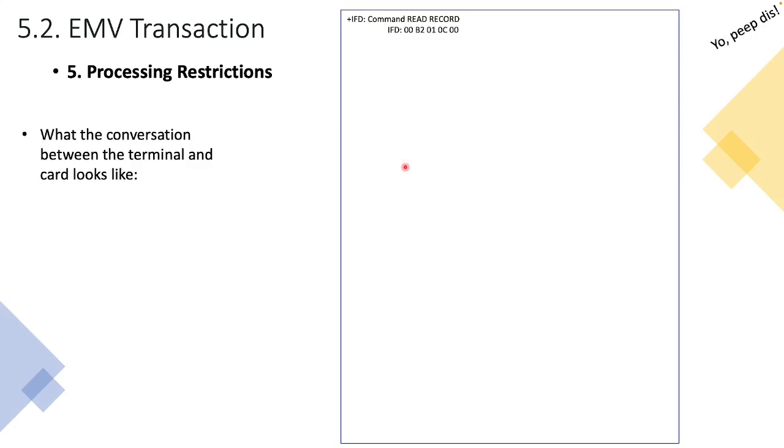Okay, let's have a look at the low-level transaction log. Let's look at the conversation between the card and the terminal, using our specialized tools to better understand what the conversation looks like.